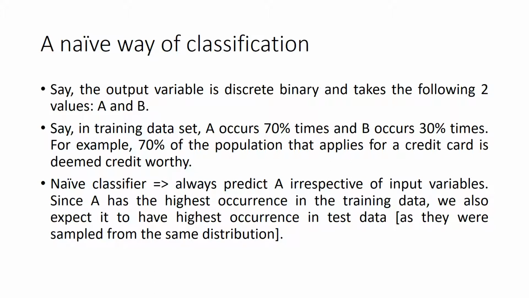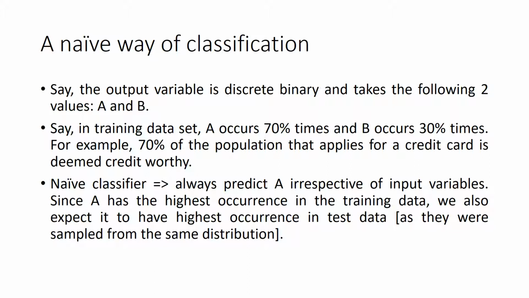And because we have taken test data and training data from the same distribution, we would expect A to have the highest occurrence in the test data as well. So my classifier just says that I'm going to predict A. Simple as that. That's my naive classifier.